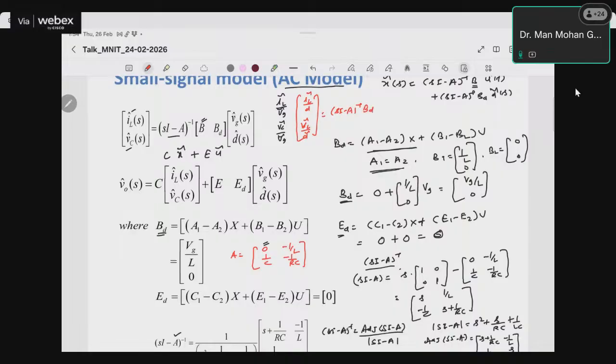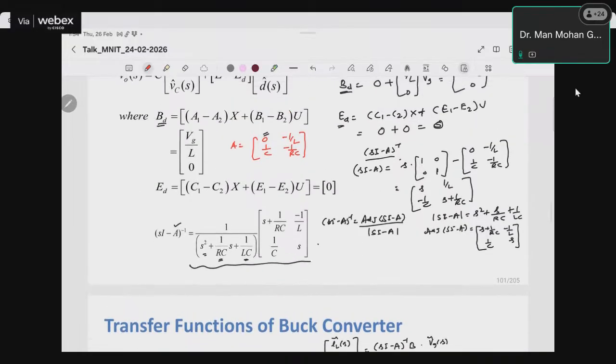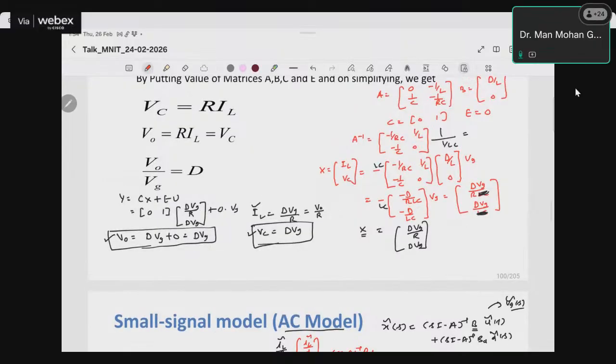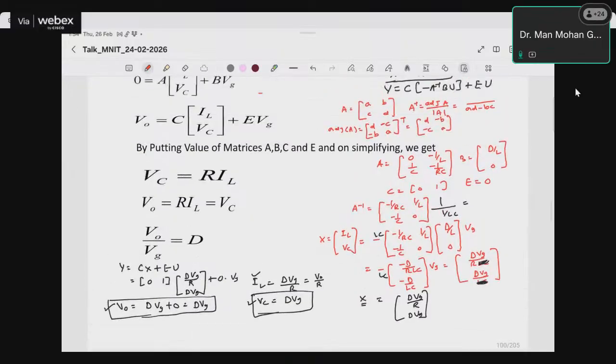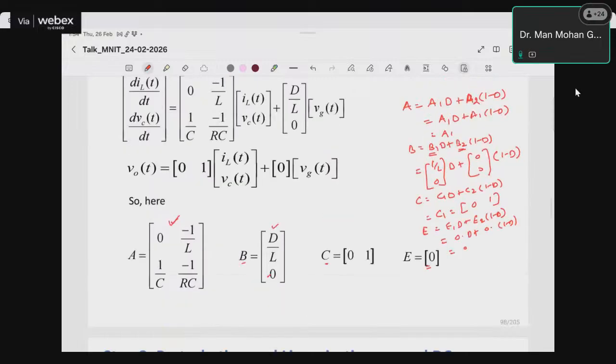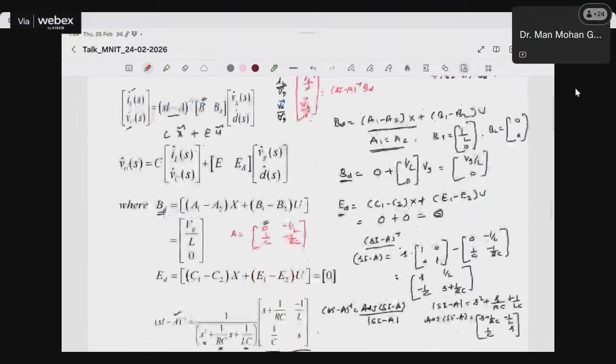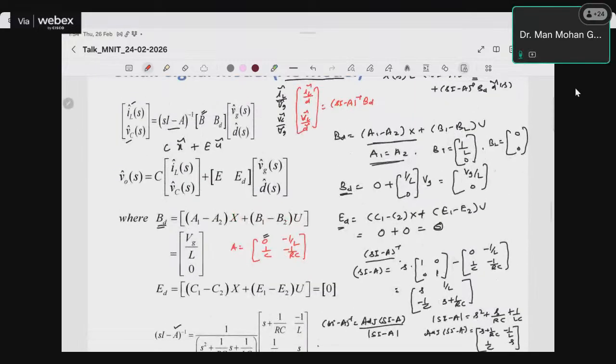So this BD, which we have obtained just now, that BD we need to put, right?